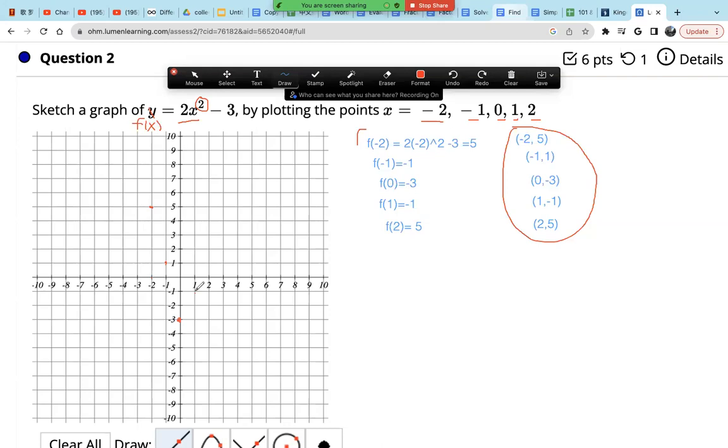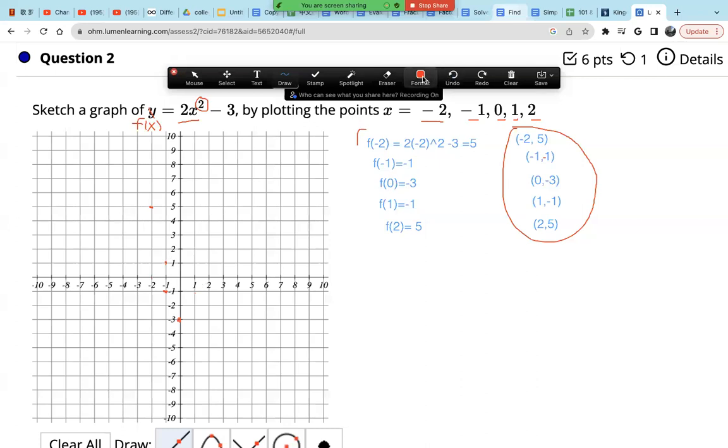Oh, hold on. This is -1. So -1, -1 is this point. -1 is not here. -1 is here. So we don't have that other point.